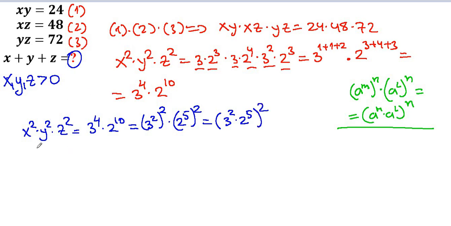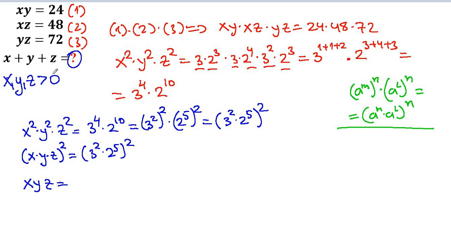So therefore from the left hand side I will get x times y times z to the power of 2 is equal to 3 squared times 2 to the power of 5, to the power of 2. And we can take square roots from both sides, so therefore I will get xyz is equal to, since x, y and z are positive numbers, simply 3 squared times 2 to the power of 5.